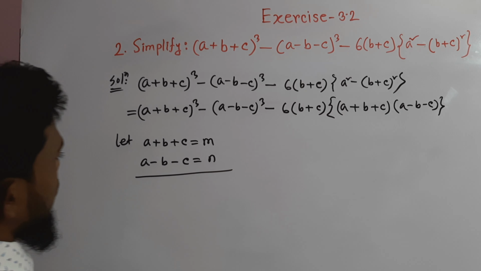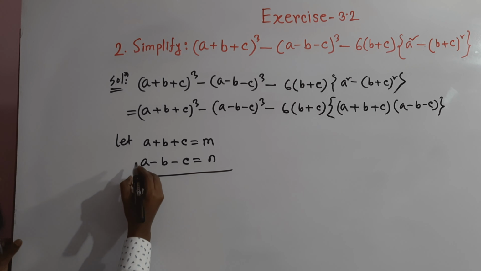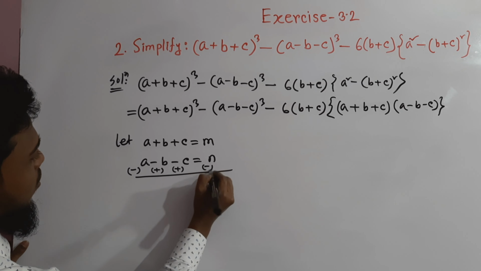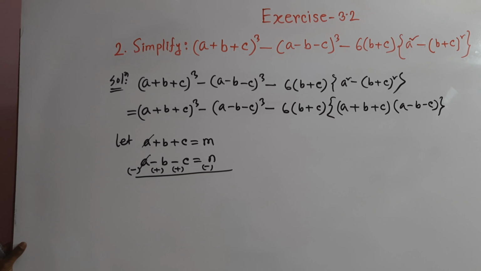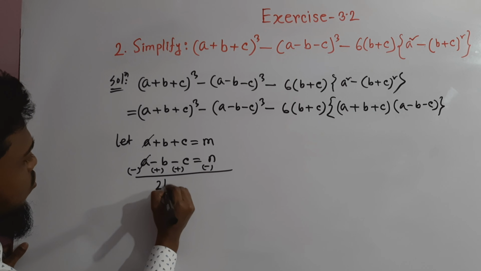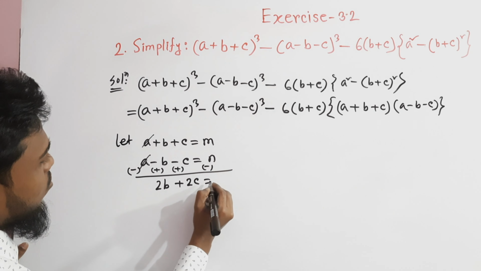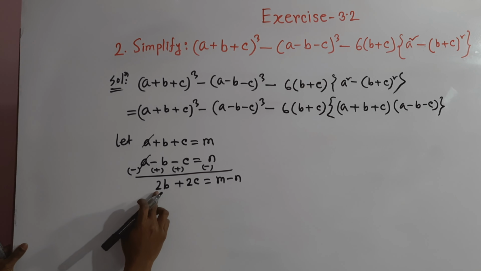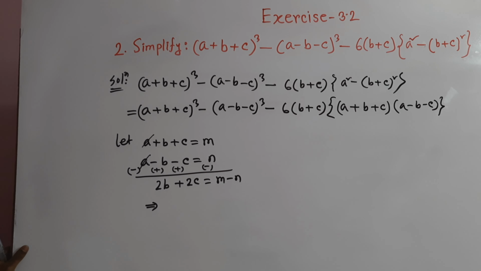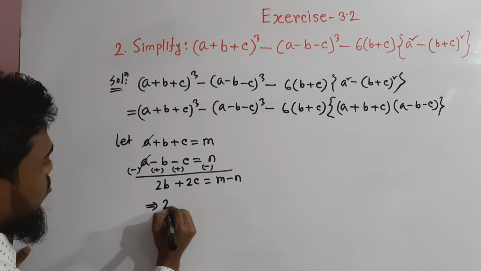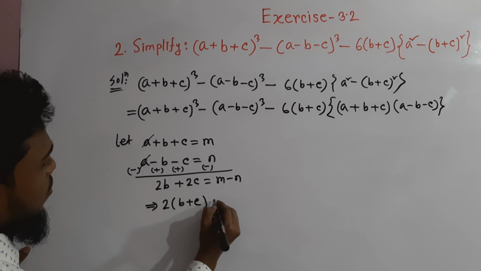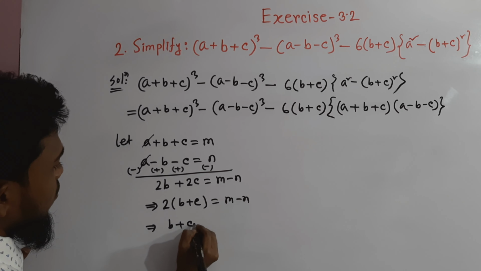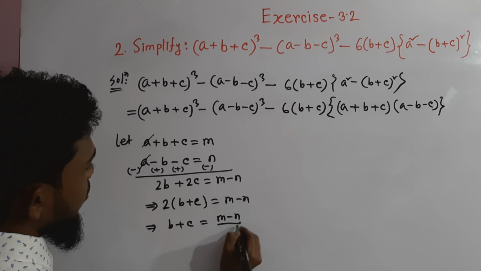If we subtract the two equations, then plus a and minus a cancel, so we can write 2b plus 2c equals m minus n. Taking common 2 from the left side, 2 into (b plus c) equals m minus n. Again, b plus c equals (m minus n) divided by 2.